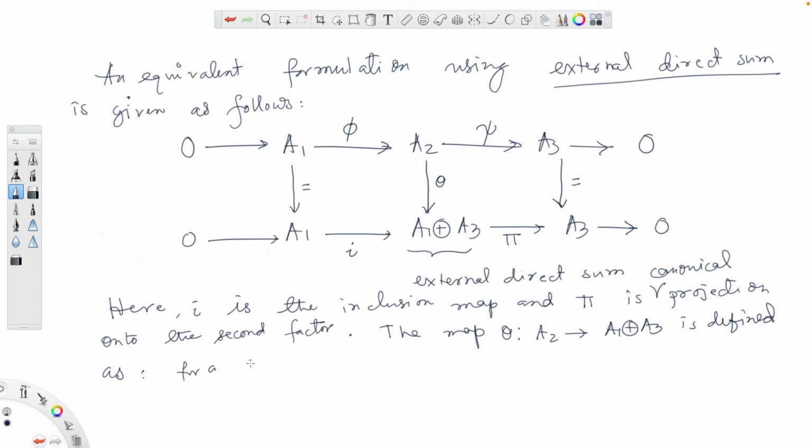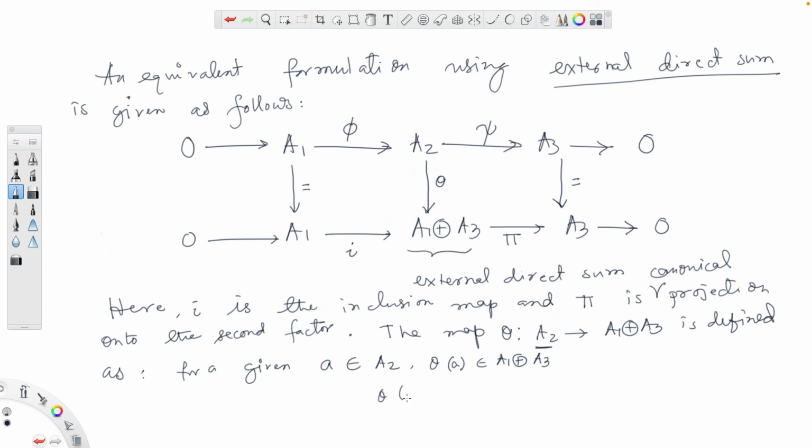For a given element a in A2, theta of a is a pair whose first component is in A1 and second component is in A3.